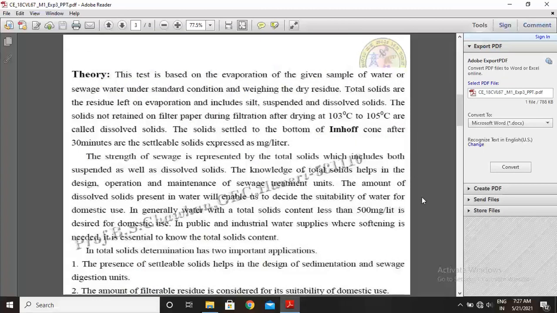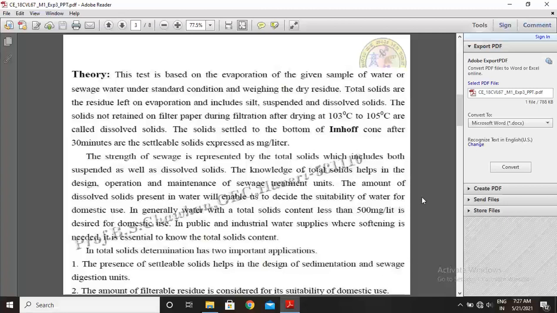Let us see the background or basic concept of these experiments. This test is based on the evaporation of the given sample of water or sewage water under standard condition and weighing the dry residue.